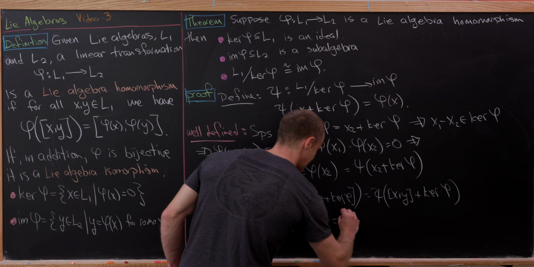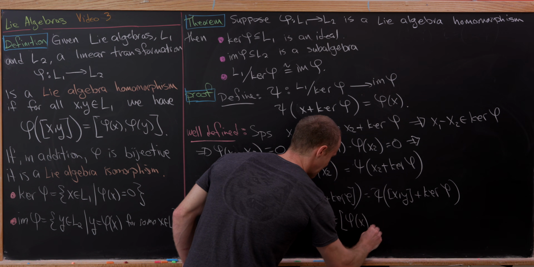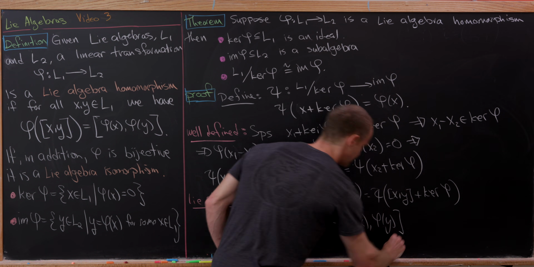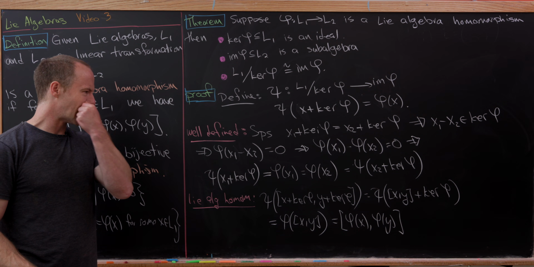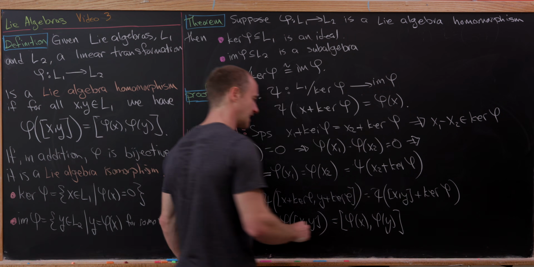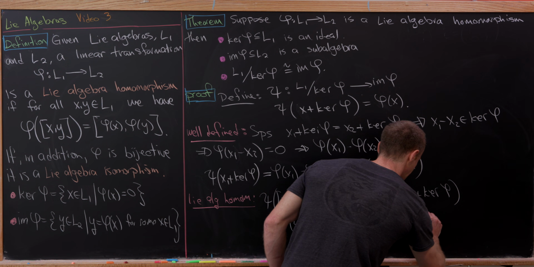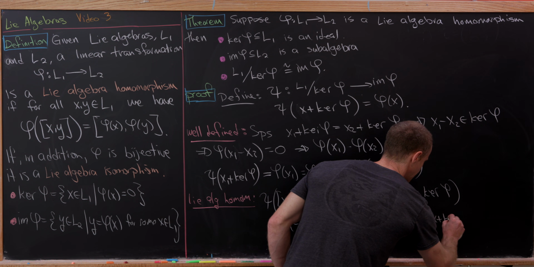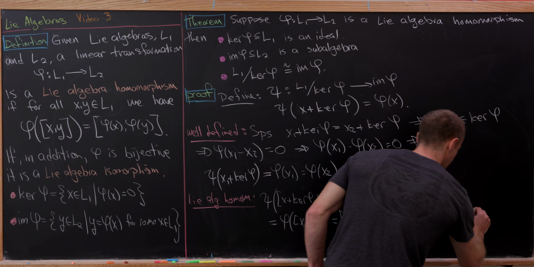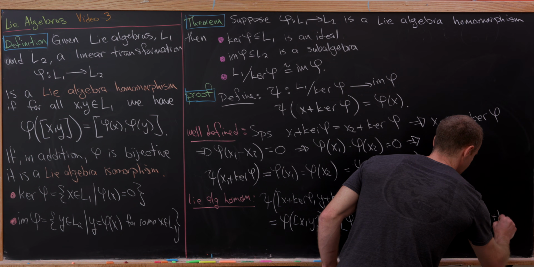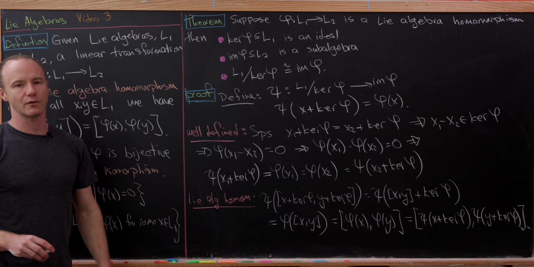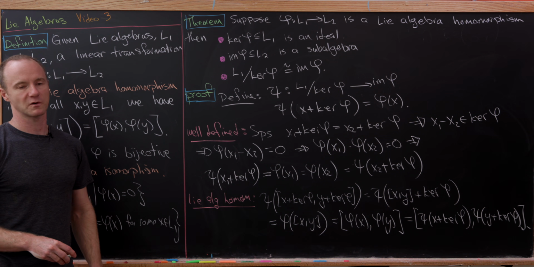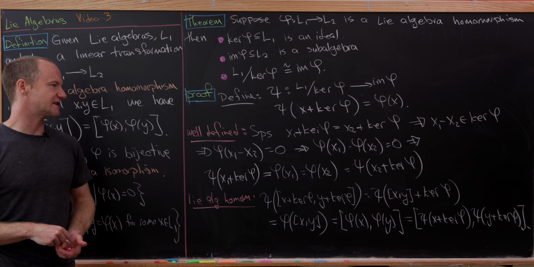But now in turn, that's the same thing as the bracket of phi of x with phi of y, because phi is a Lie algebra homomorphism. But now we can just pull that back to psi, and we'll see that this is the same thing as the bracket of psi of x plus kernel of phi with psi of y plus kernel of phi. Great. But starting over here and ending over there is exactly what we needed for this to be a Lie algebra homomorphism. Now let's maybe show that it's one-to-one.